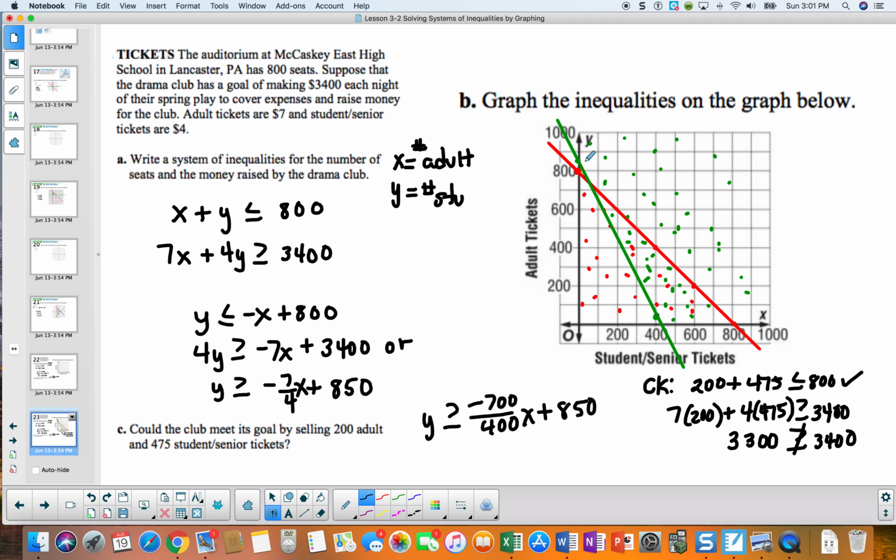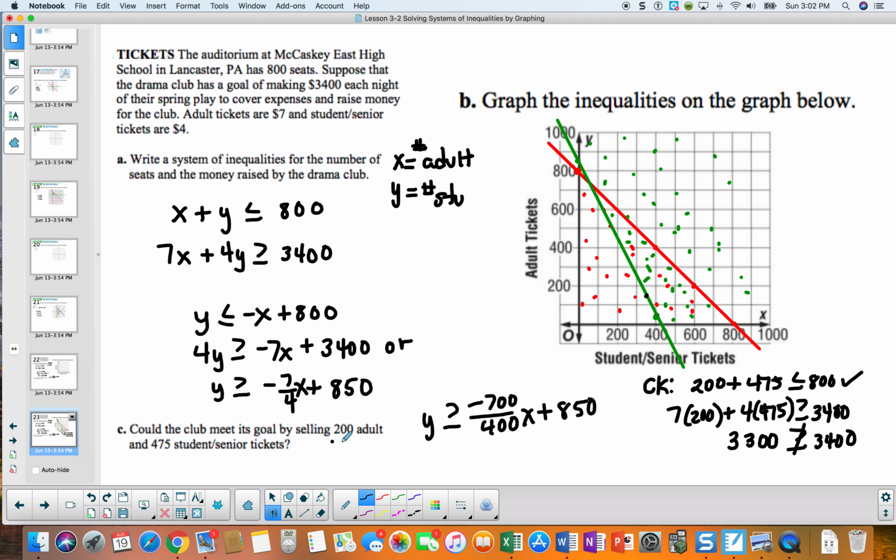I'm starting at 850, which is right about here, and I'm going to go down 700. 1, 2, let's see, 1, 2, 3, 4, 5, 6, around here, 7, and then I'm going to go over to 400, so it's about right here. And then I'm going to join these two. And then I see I have to do greater, so all of these is greater. So this is the solution region.